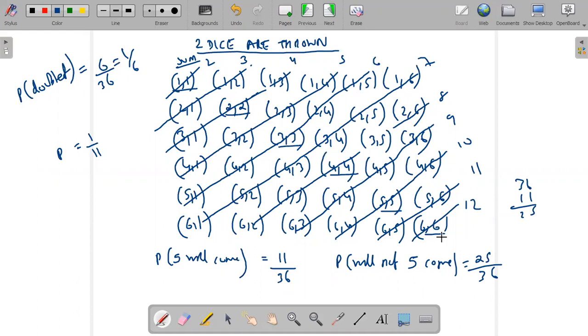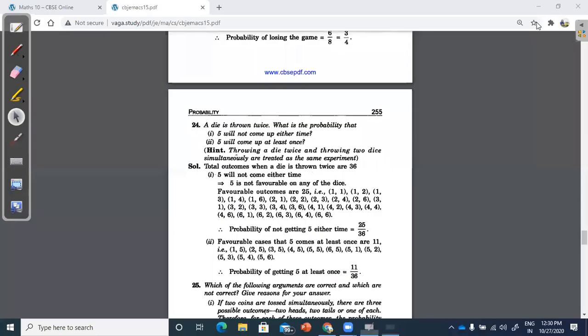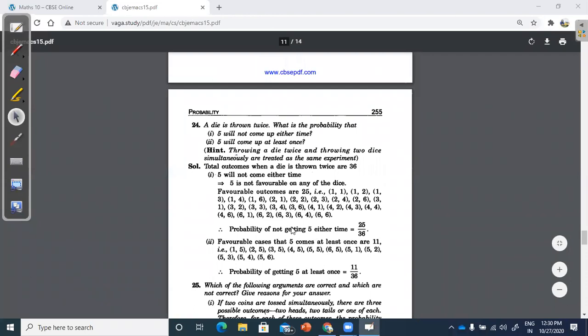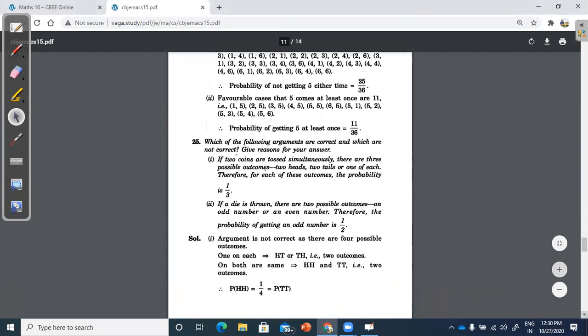Okay, 5 is there only in 11 cases, at least once. And the cases where 5 is not there at all, that is 25 by 36. So the probability that 5 is not there is 25 by 36, and the probability that 5 is there at least once will be 11 upon 36.